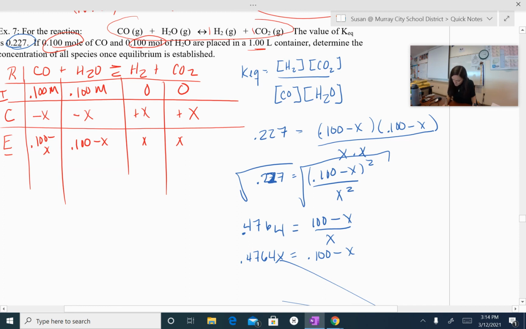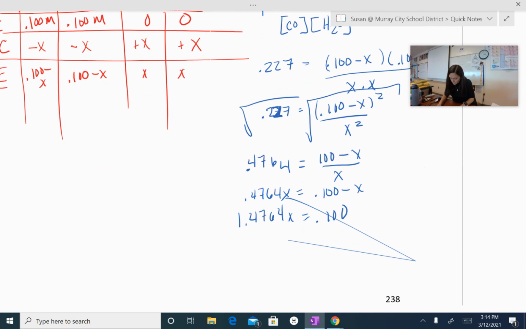So this is going to be 1.4764X is equal to 0.1. Okay, so I'm going to take 0.1 now and divide it by 1.4764, which will give me an X value.